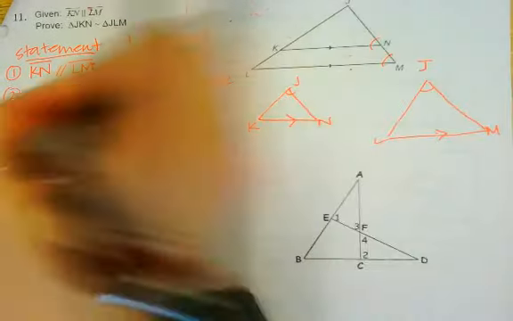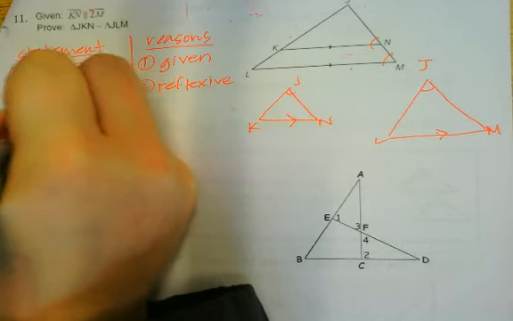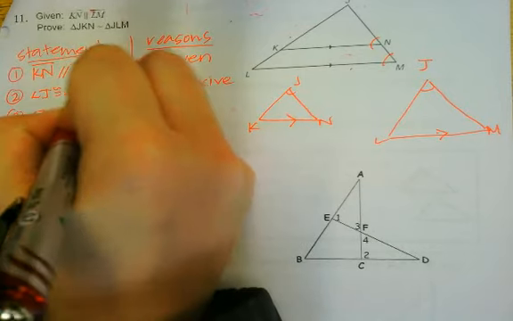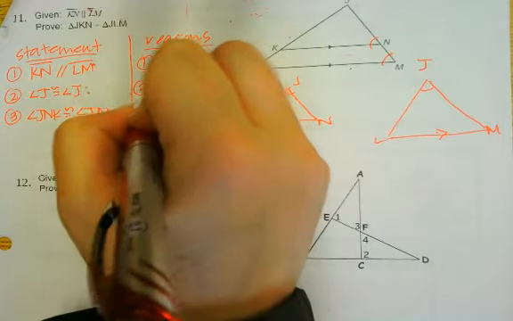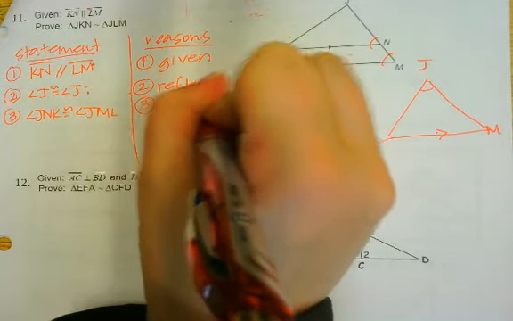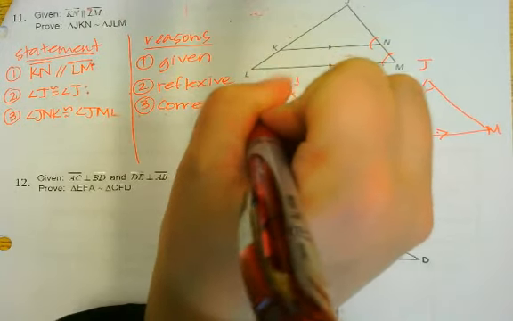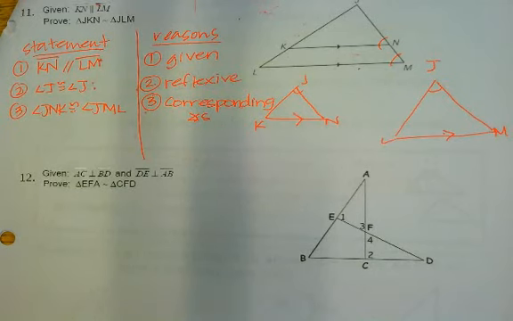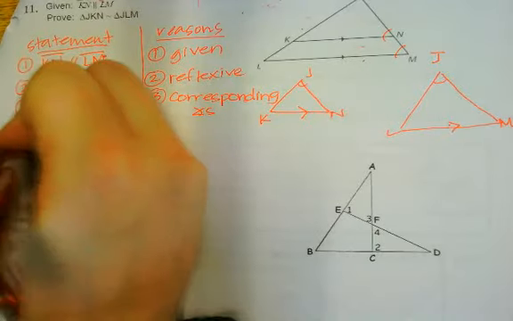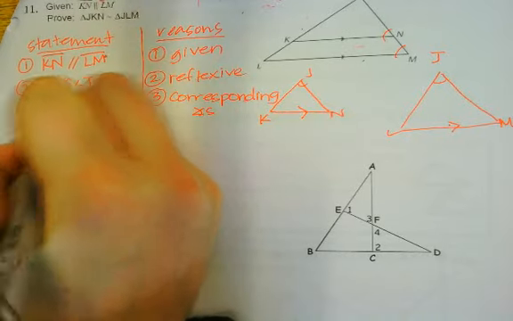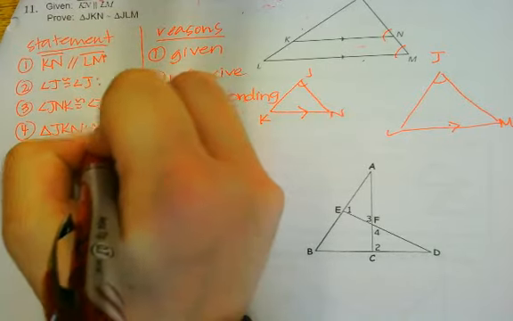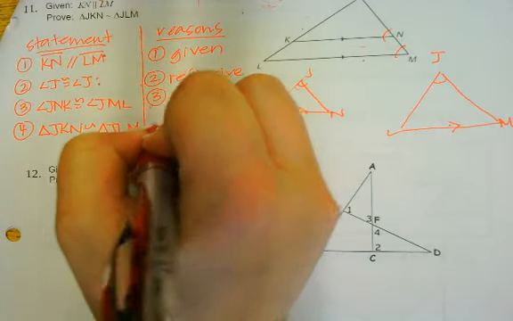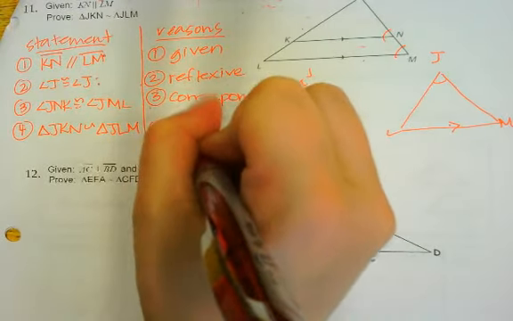So angle JNK is congruent to JML because corresponding angles. What other angles are corresponding? JKN and JLM. But we only need to prove how many angles are congruent? 2. So now what do we know? Angle. So go to your proof statement. It's triangle JKN is similar to triangle JLM, and our reason? AA similarity theorem. And voila, you're done.